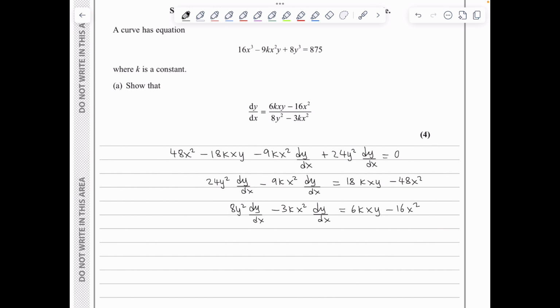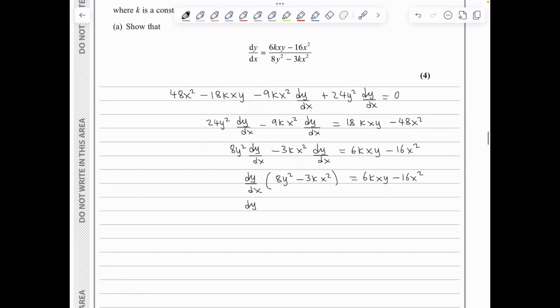I will factor out the dy/dx from the left hand side, so in the bracket I've got 8y squared minus 3kx squared, and this is equal to 6kxy minus 16x squared, and therefore we've got that dy/dx is equal to 6kxy minus 16x squared, and all of it divided by 8y squared minus 3kx squared as required.